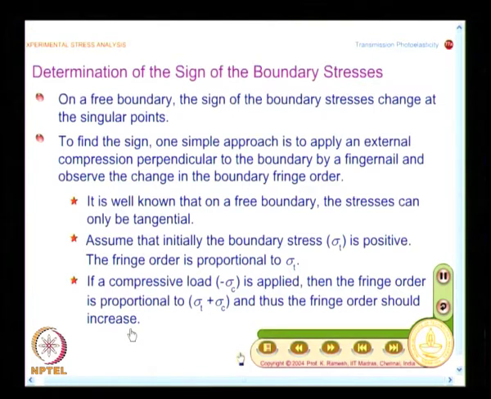So, if the boundary stress was positive, a compression by a fingernail on the surface would result in increasing the fringe order at the point of interest. If the fringe order increases by a compression, you will say the boundary stress was positive. On the other hand, if the fringe order decreases, the boundary stress is negative.